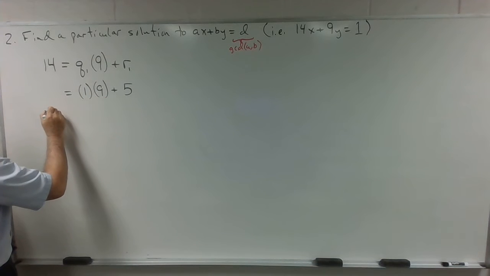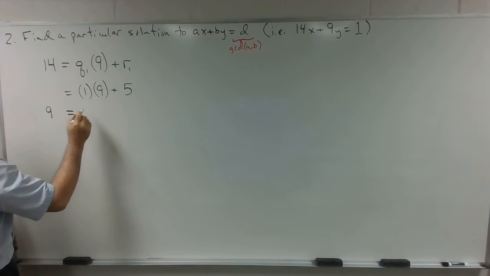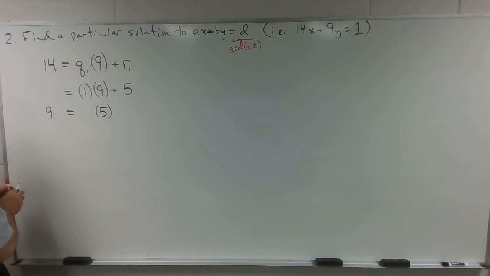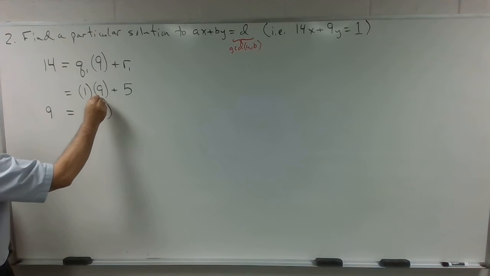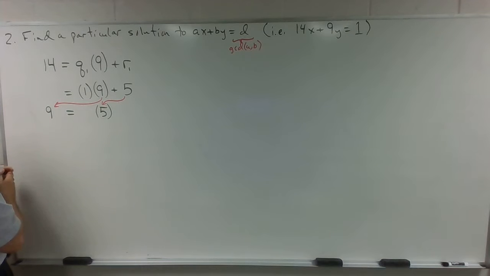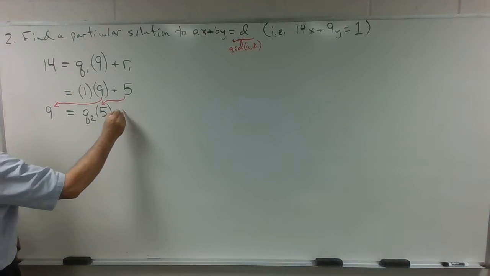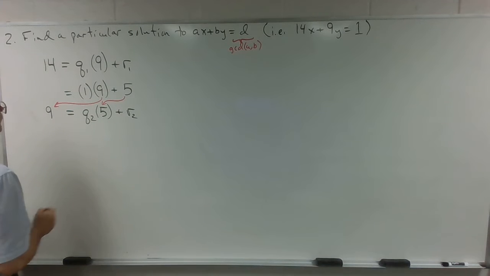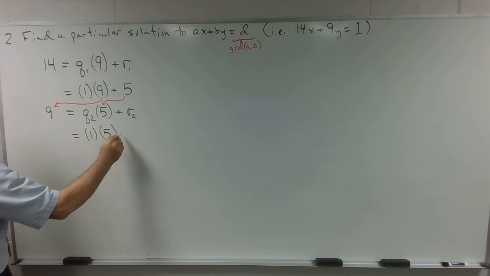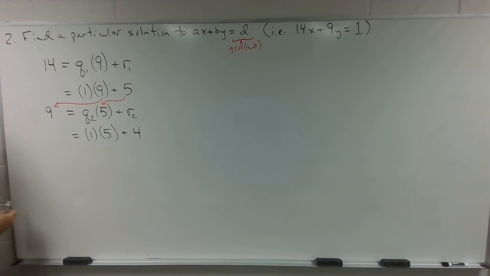The old divisor now becomes the dividend, and the old remainder now becomes the divisor. So let's see, 9 is equal to 1 times 5 plus remainder of 4.